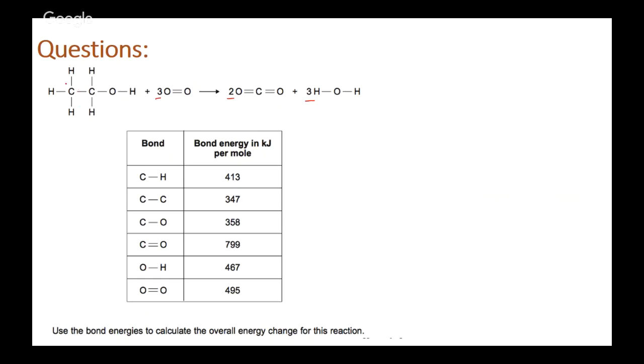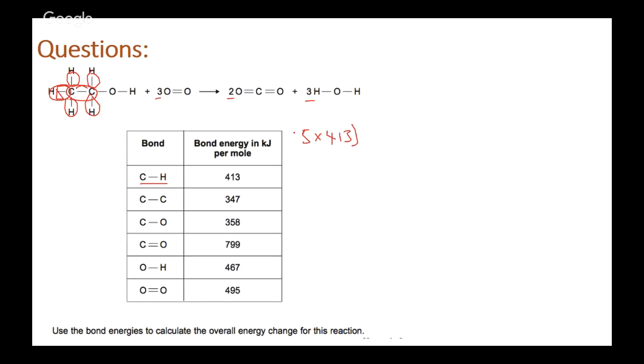So how I recommend you do it is make sure that you circle all the bonds that you're working out. If you look at this first molecule, you've got 1, 2, 3, 4, 5 C-H bonds. So we start off by writing 5 times 413. We then have a carbon-carbon bond, which people miss out a lot of the time.